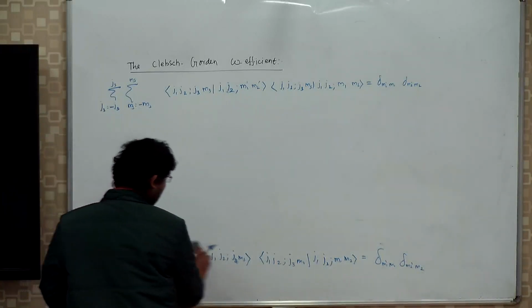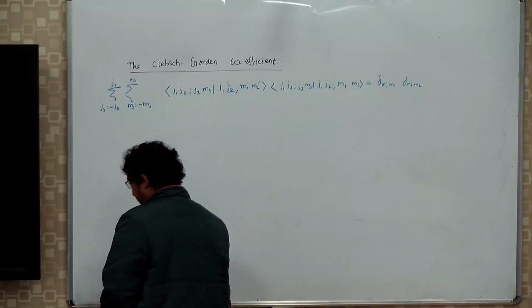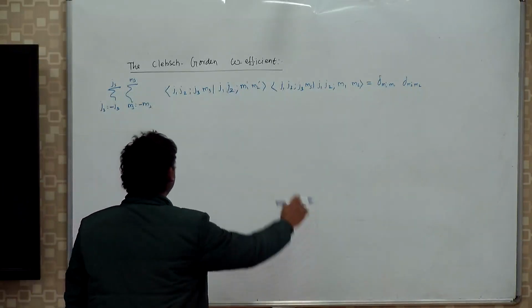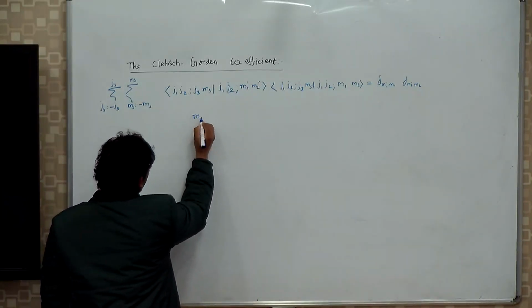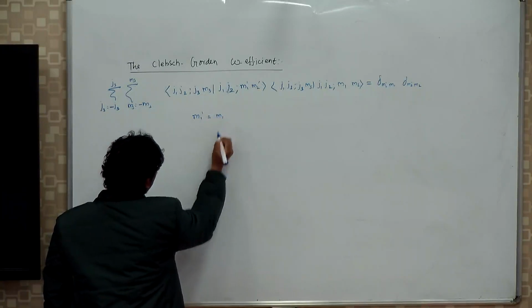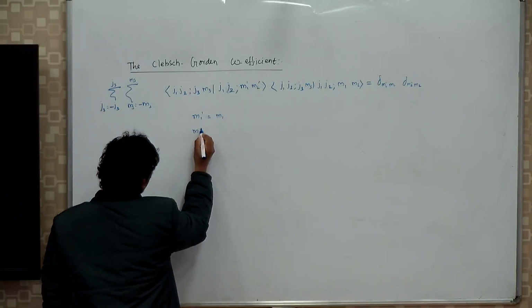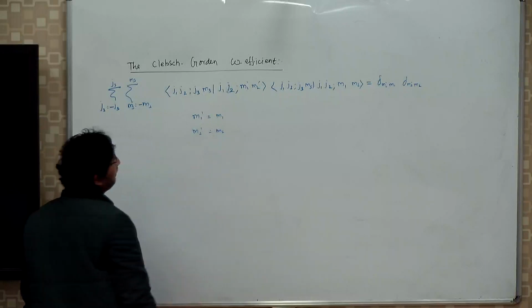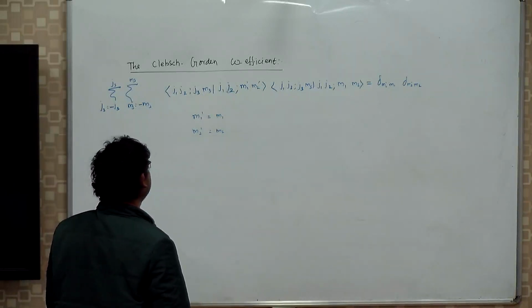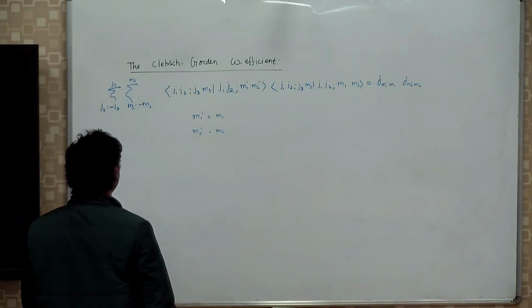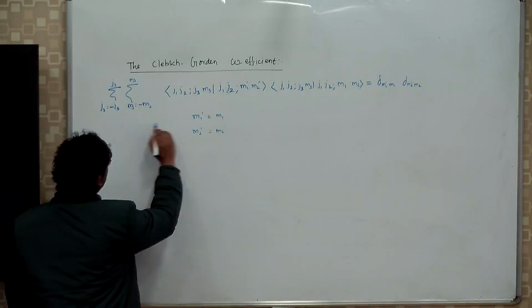Further applying a condition, now for getting the normality, we have to write M1' is nothing but M1 and M2' is nothing but M2. If we apply this condition, then we will get the normality condition. Okay, so fine.